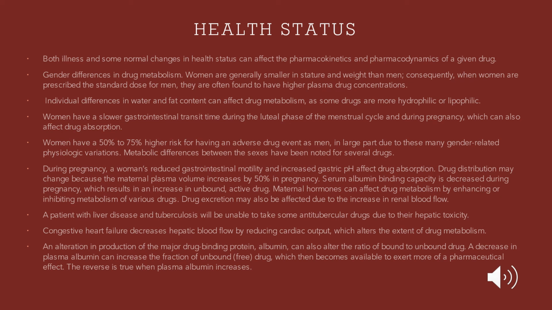An alteration in production of the major drug-binding protein albumin can also alter the ratio of bound to unbound drug. Thus, a decrease in plasma albumin can increase the fraction of unbound or free drug, which then becomes available to exert more of the pharmacological effect. The reverse is true when plasma albumin increases.